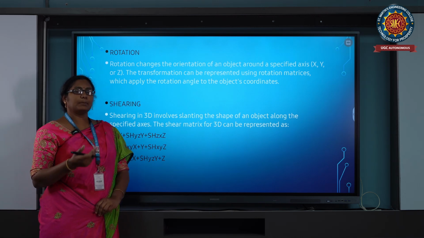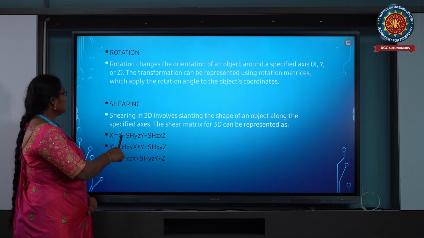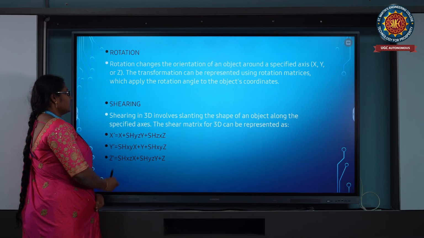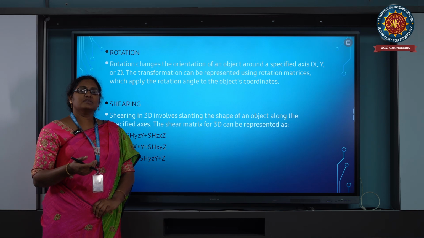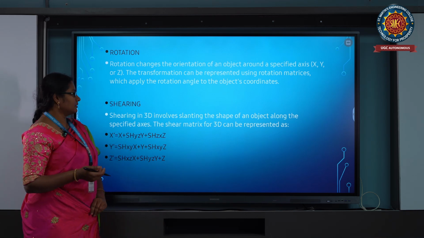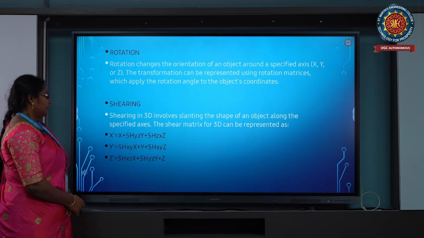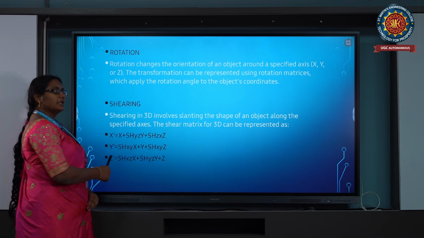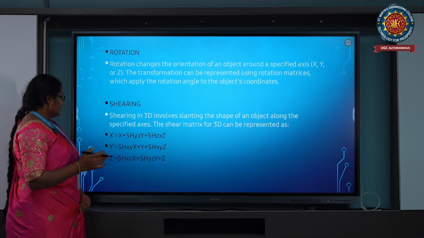You can represent it in a matrix format. Next, shearing transformation. This also involves slanting, changing the shape of the 3D objects. You can represent it in a column matrix form and a row matrix form.